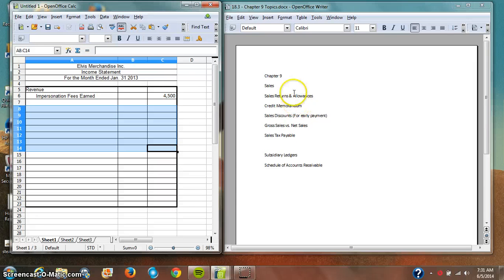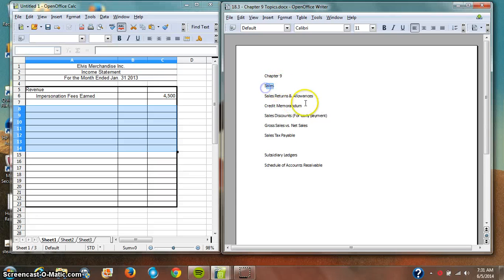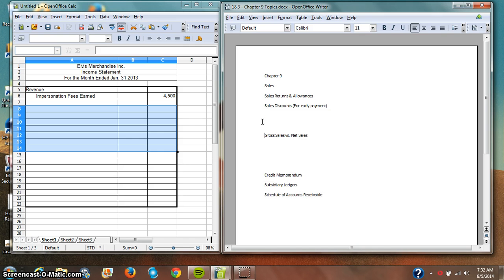Over here I have a number of accounts that we're going to use. We're going to use sales returns and allowances, and then some other things. This is another topic. We'll put this down here. That's other things we're going to talk about. For these, we're going to have these accounts organized here on my sheet.